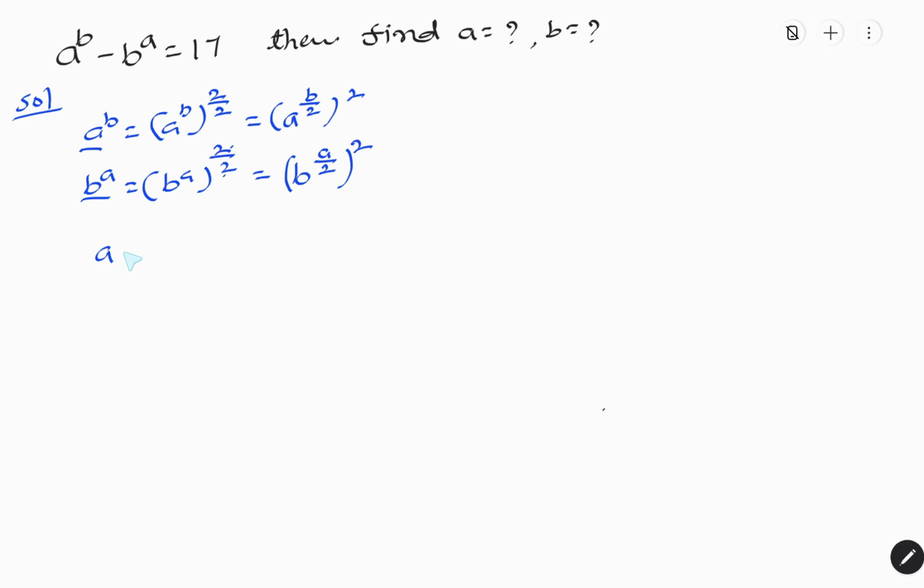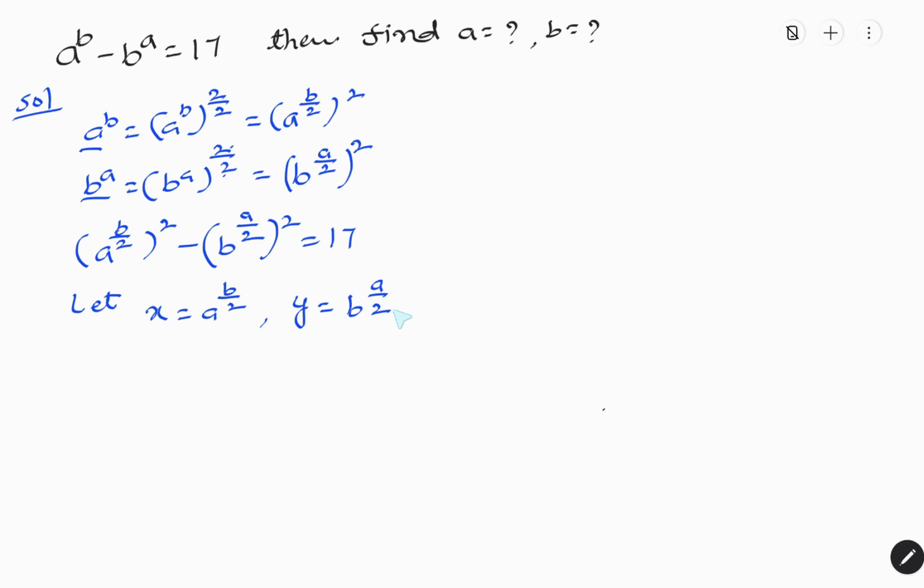Then a power b by 2 whole square minus b power a by 2 whole square is equal to 17. Let x be equal to a power b by 2, y be equal to b power a by 2. Then substitute the x value and y value in this equation.